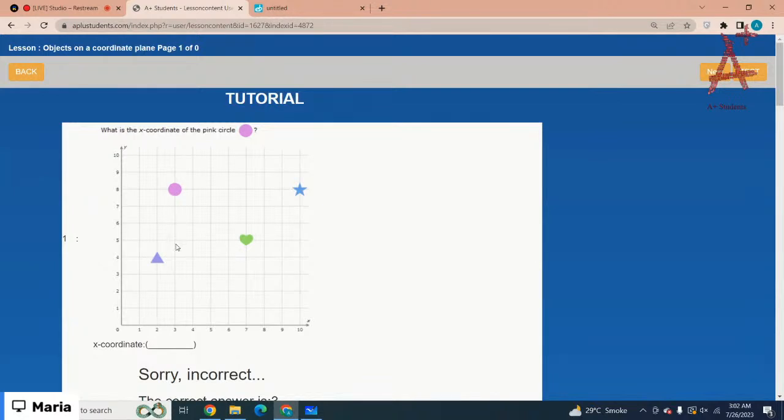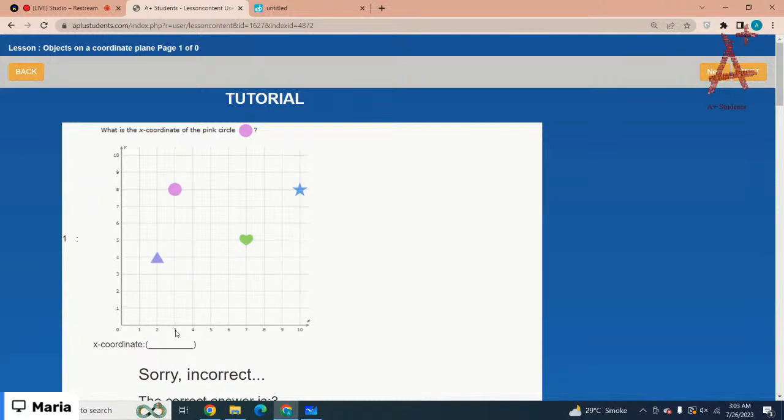The horizontal one is always the x-axis. The vertical one is the y-axis. So whenever you have to look for the x coordinate, just look at the line on the x-axis. The point matches the line at 3 on the x-axis. That means the x coordinate of the pink circle is 3, right?